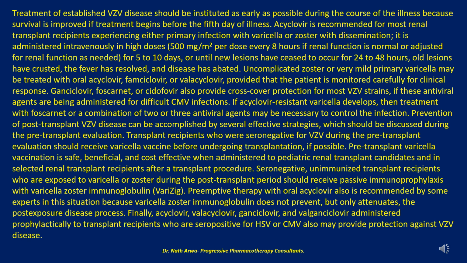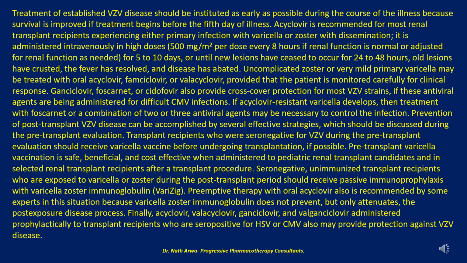Uncomplicated zoster or very mild primary varicella may be treated with oral acyclovir, famciclovir, or valacyclovir, provided that the patient is monitored carefully for clinical response. Ganciclovir, foscarnet, or cidofovir also provide cross-cover protection for most varicella zoster virus strains, if these antiviral agents are being administered for difficult CMV infections.